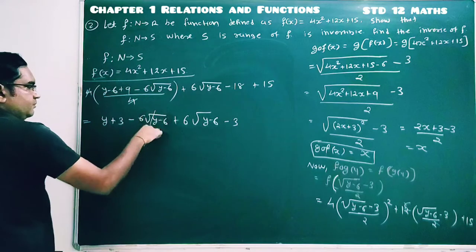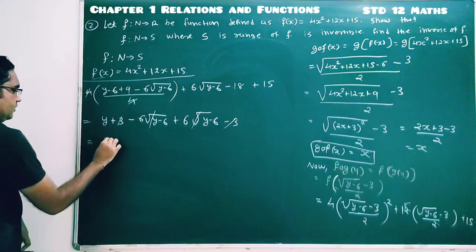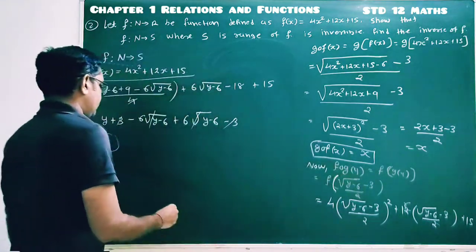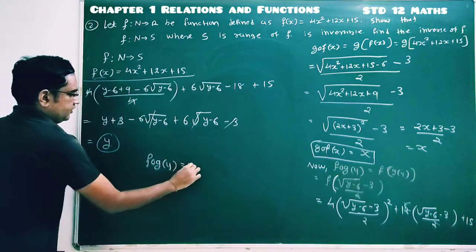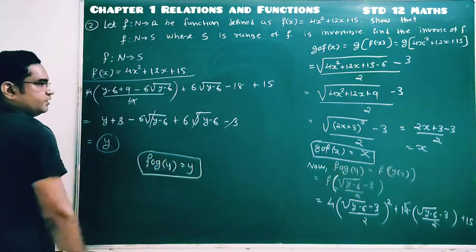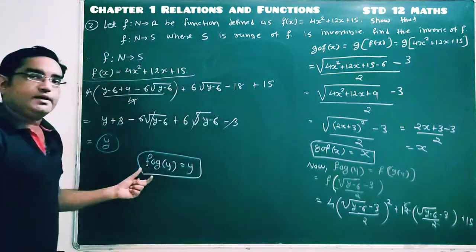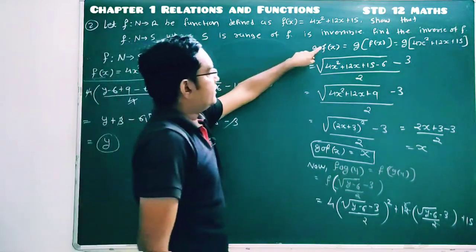So simplify this, plus minus cut, minus minus cut, this is equal to y. Fog y equal to y. So here we have proved fog y is equal to y. Done. And also we have proved g of x equal to x. So both conditions are fulfilled, and hence we can say the function is an invertible function.